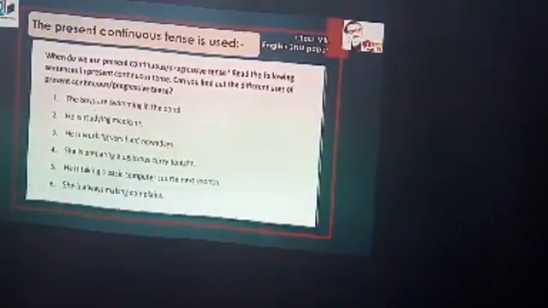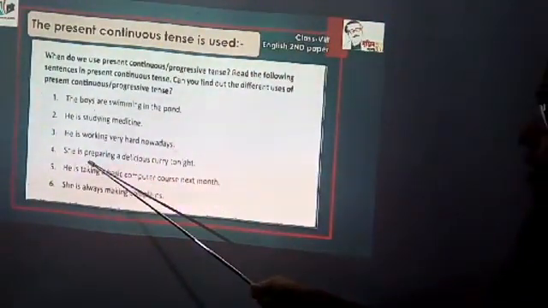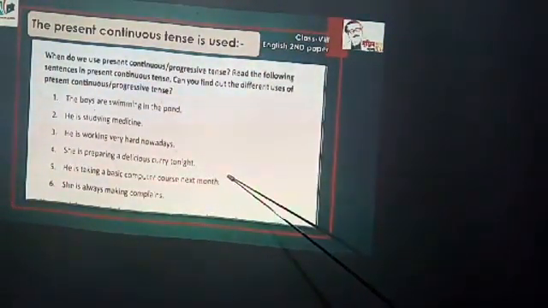He is studying medicine. This is the type of action which is currently in progress, may not be exactly at this moment. He is working very hard nowadays.